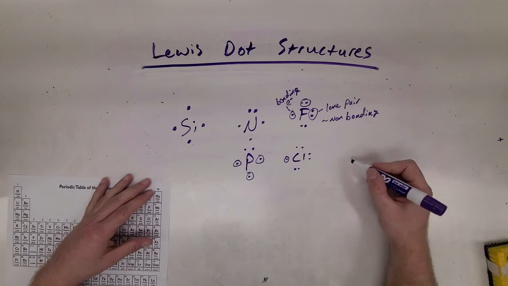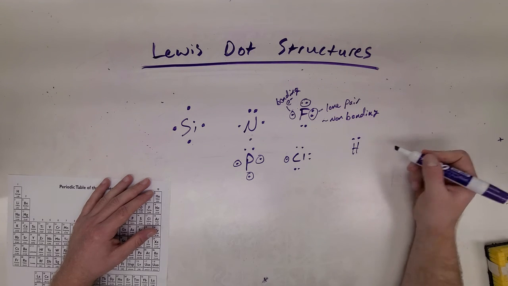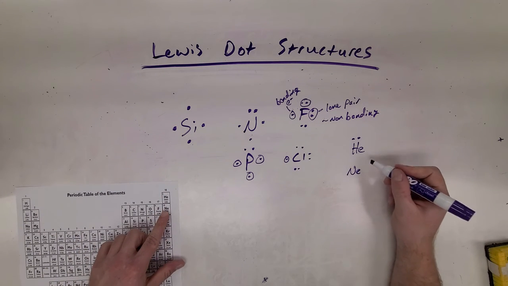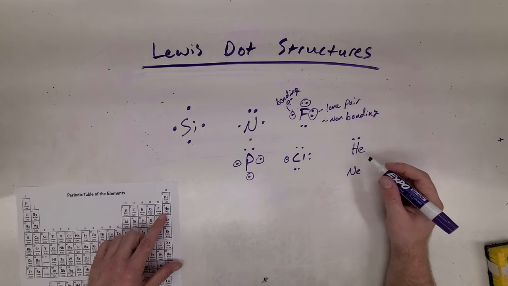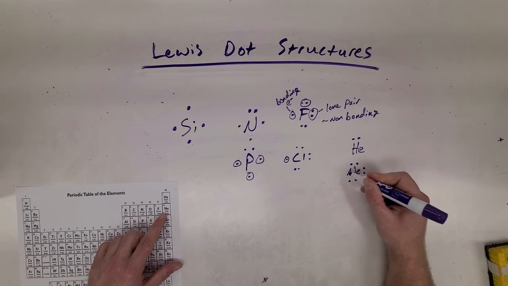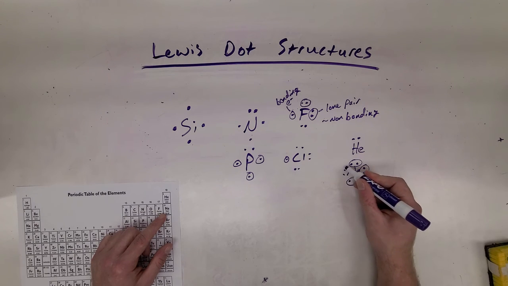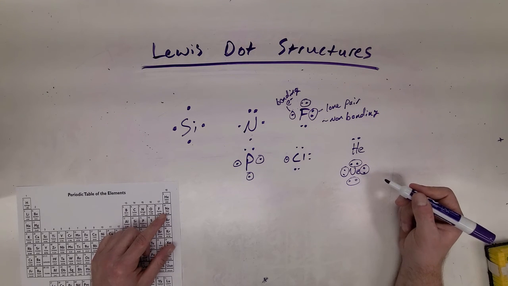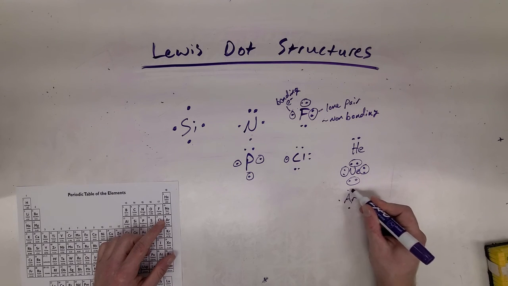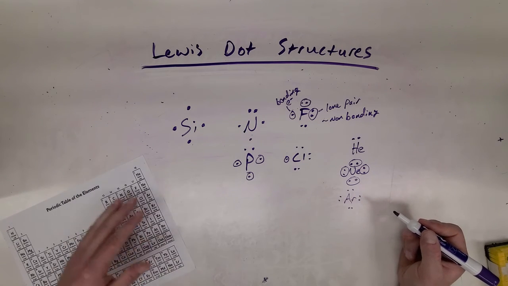But if we look at helium, it only has those 2. Neon, because it's in that 8th column, helium being the exception here, is going to have a full 8 electrons. All of these are lone pairs, none of them able to bond with other electrons. The same is true for argon, and krypton and xenon and radon going down.